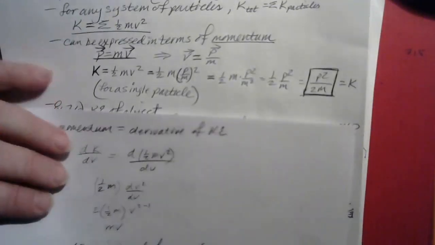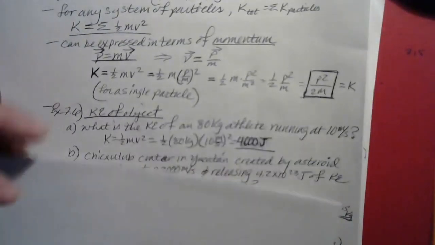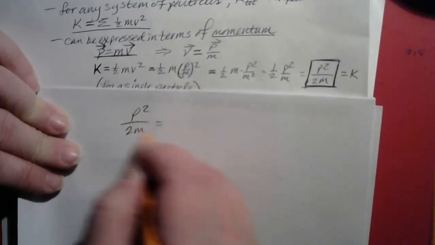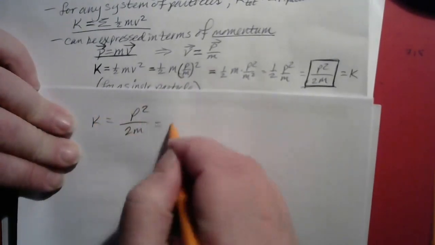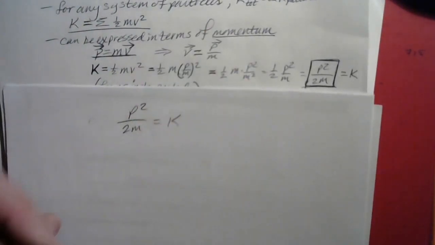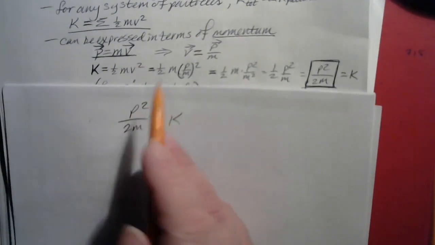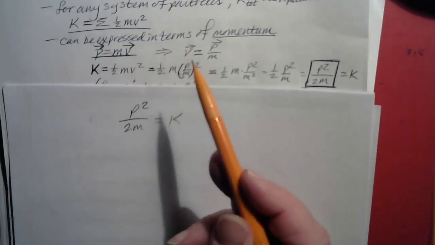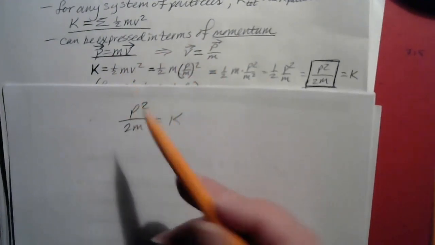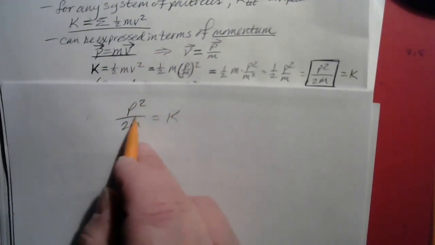Suppose you want momentum from kinetic energy. Well, if you've got the kinetic energy, you could always take the derivative of it and get momentum. Or you could work it out like this.